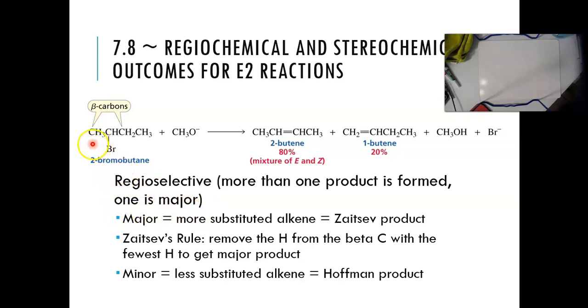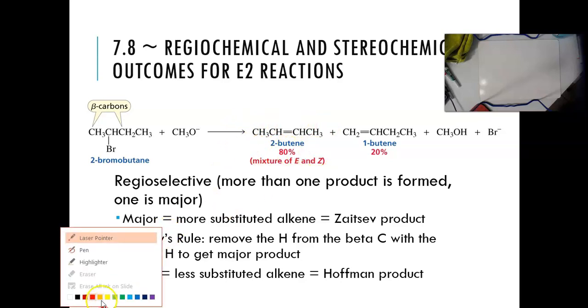We have 2-bromobutane, and in our E2 reaction, we lose our leaving group, and we also remove a beta hydrogen. There are 2 different beta carbons with hydrogens attached, and if we remove a beta hydrogen from this carbon, we will make this product.